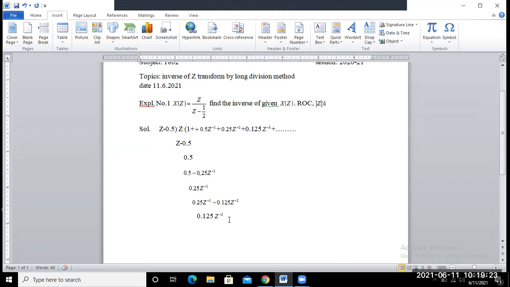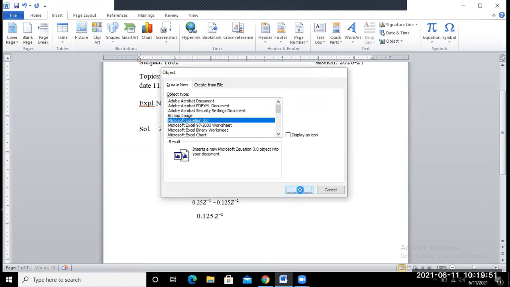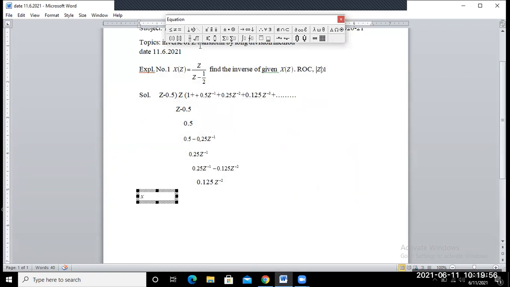So if we write here the coefficient of xn, the first coefficient is your 1, x1 is your 0.5, x2 is your 0.25, x3 is your 0.125.